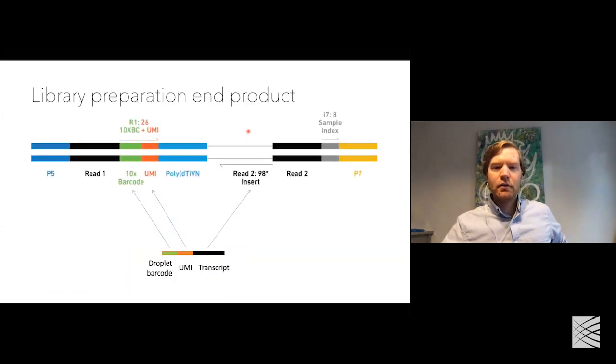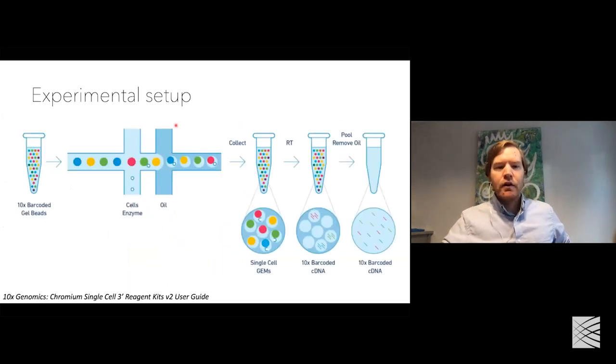Okay, so I don't have a slide that depicts this. I should have included a backup one, but the idea is that on these barcoded gel beads that are painstakingly produced by this company 10X or others, this bead is covered with tiny little pieces of DNA, and those pieces of DNA have the same droplet barcode.